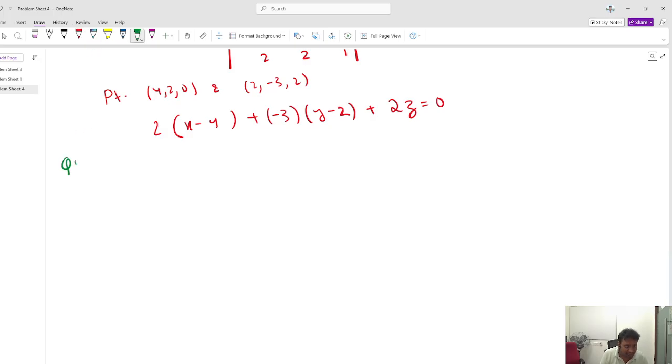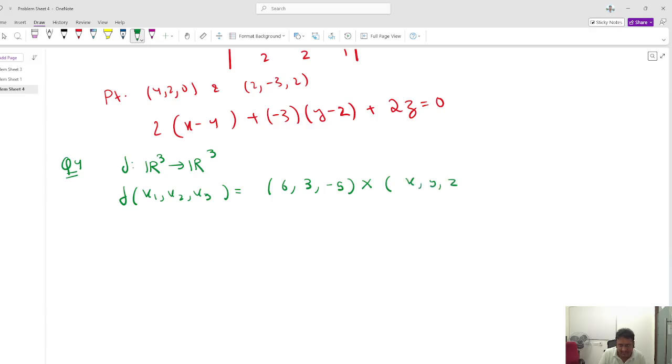Now you have another problem. What is the other problem you have? You are given a function from R3 to R3, and how are you defining it? F of (x1, x2, x3) is basically this vector (6, 3, -5) cross product with the vector (x, y, z). I'm avoiding the suffixes i, j, k.